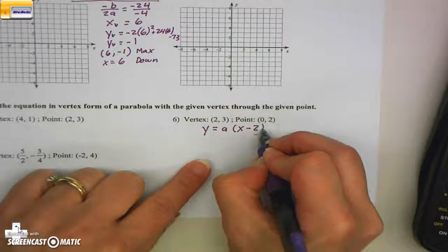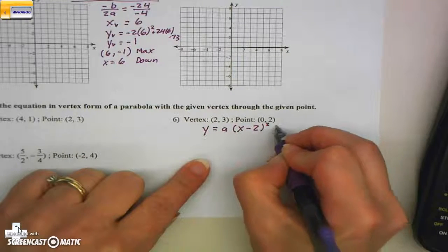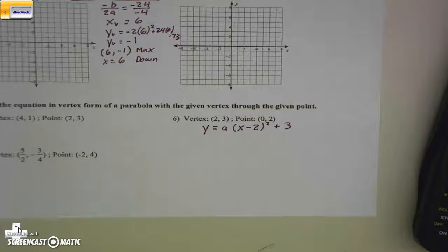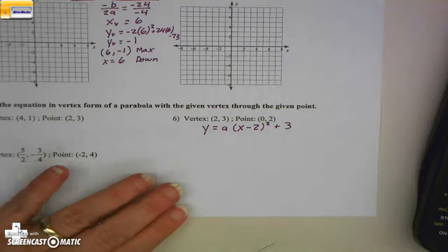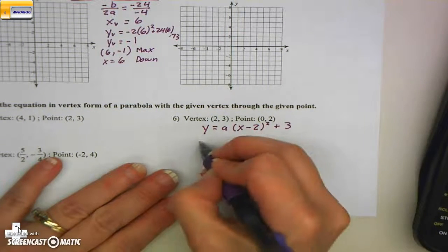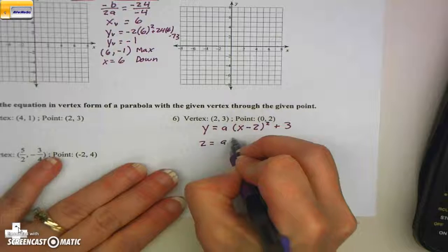So x minus 2 squared plus 3. Any clues what I can do now? Plug the point in for x and y.